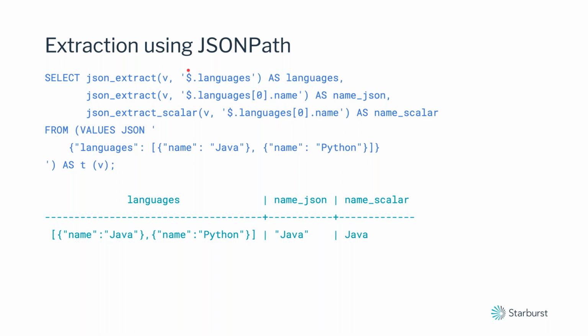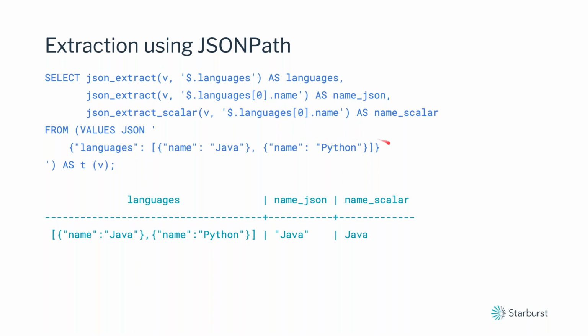A JSONPath starts with a $, and then you have a dot saying extract this key from the map, and then similarly here, you say extract this key, and then if this is an array, return the first element, and if this is another map, return this item here. So if we look at this, we've got a JSON value here that is a map. It's got a single key, languages.